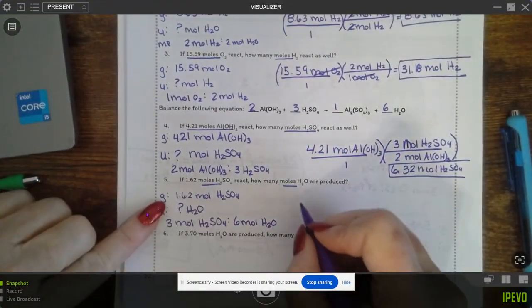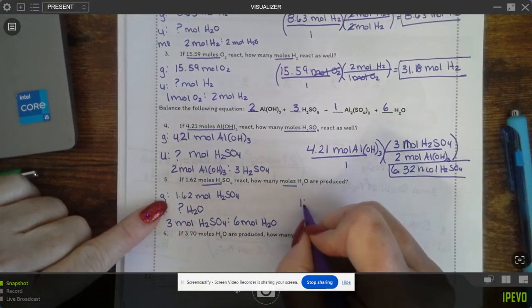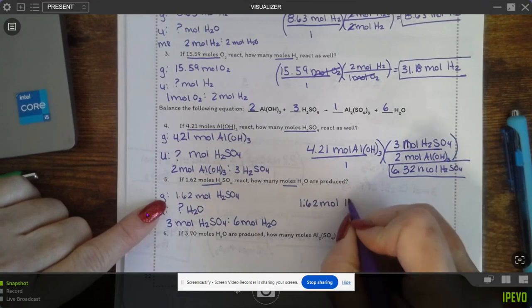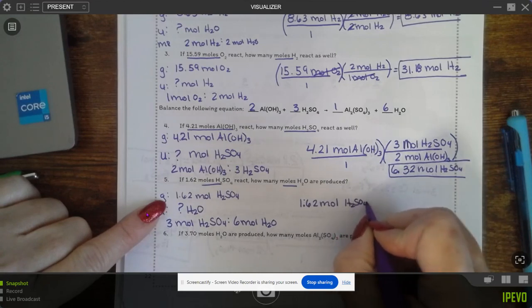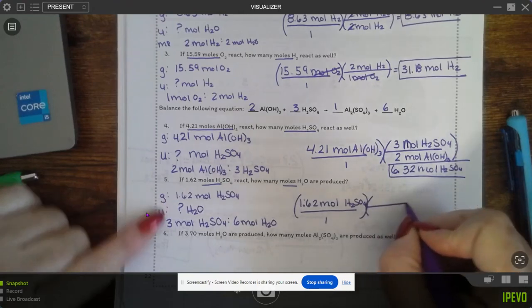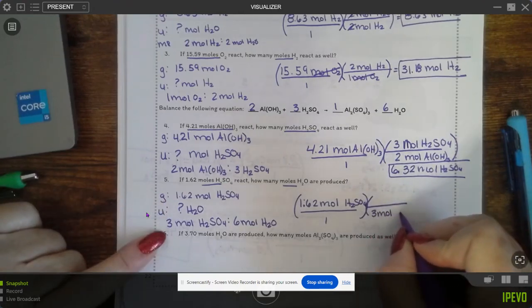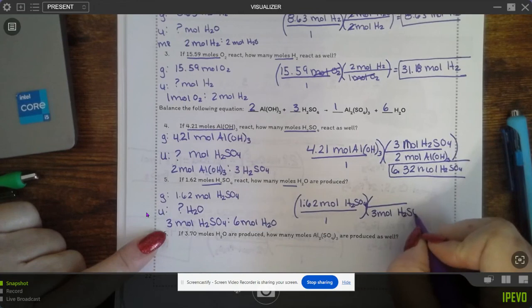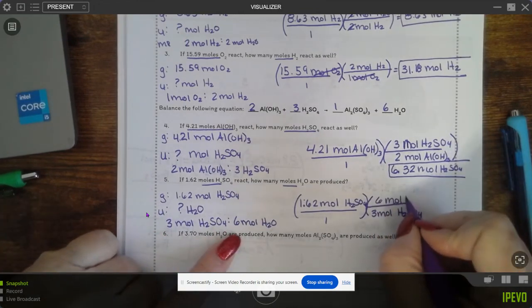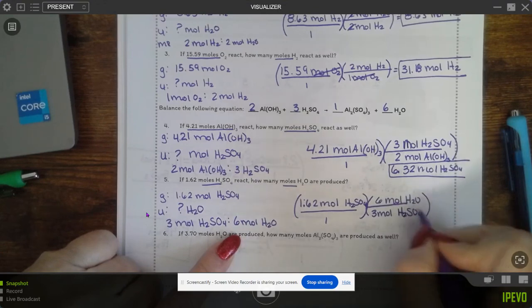All right, so I'm going to start setting this up. 1.62 moles of H2SO4, 3 moles H2SO4 on the bottom, and 6 moles of H2O on the top.